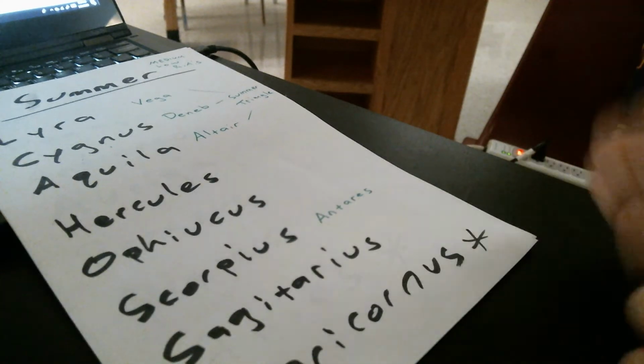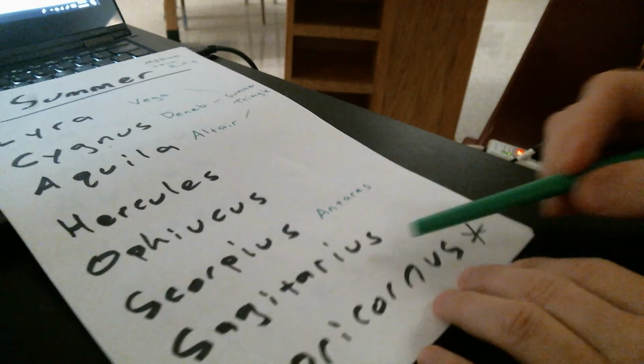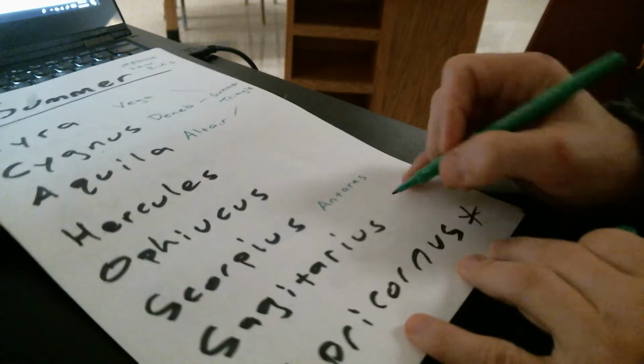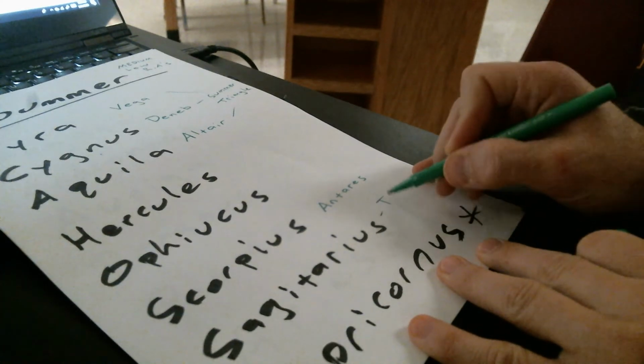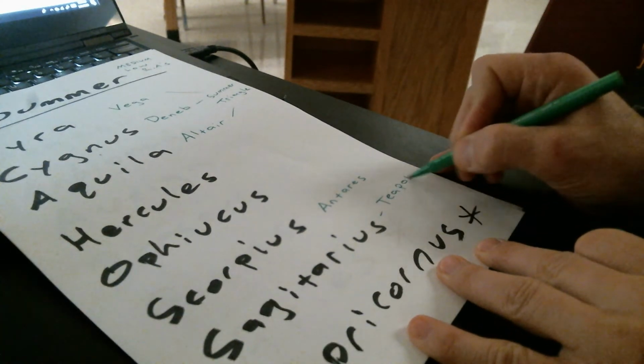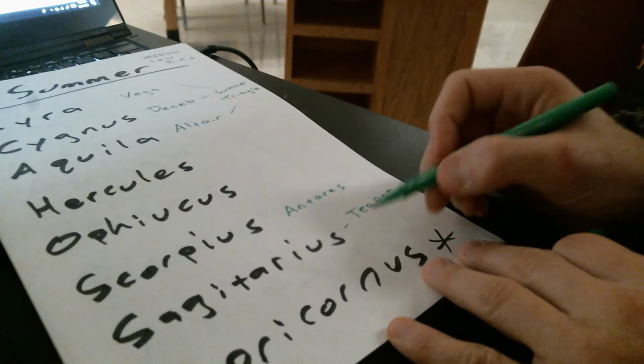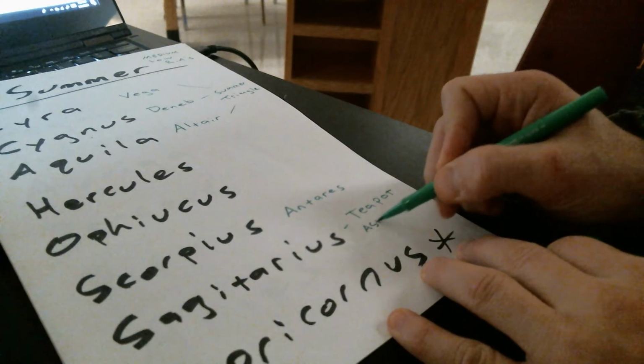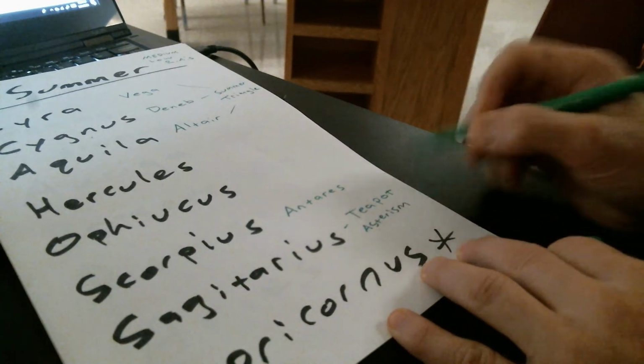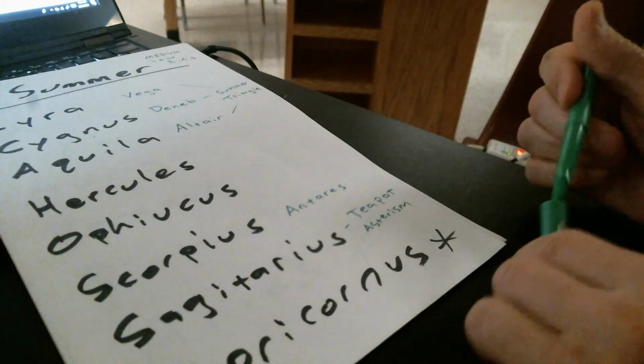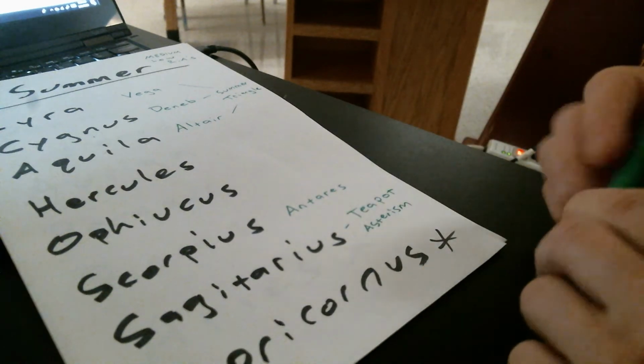All right. Sagittarius is another one that shows a teapot asterism, and I should write that down. Teapot. All right, and that's an asterism. That's what makes Sagittarius a very recognizable constellation.